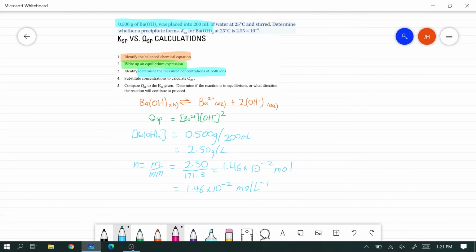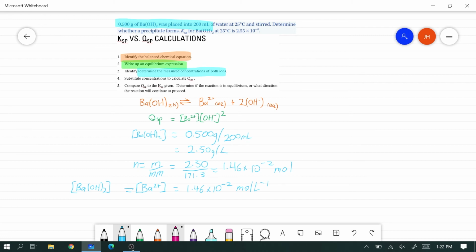What we can then say automatically is that this is also the concentration of barium ions. And we know this because the concentration of barium ions is equal to the concentration of our barium hydroxide, which we just calculated. That's got to do with the 1-to-1 ratio in the empirical formula, due to the fact that there is one barium for every barium hydroxide unit.